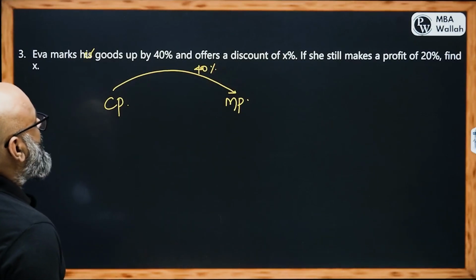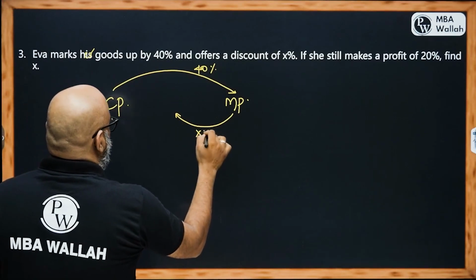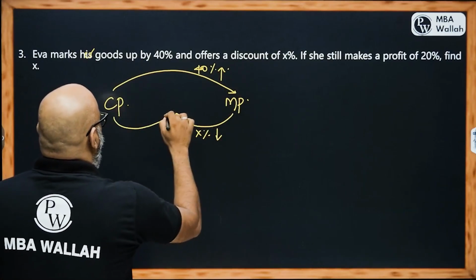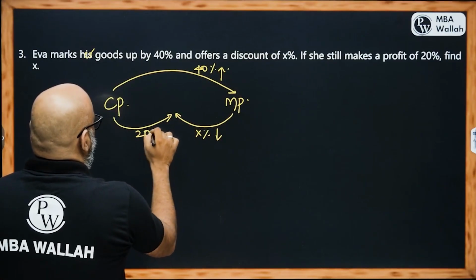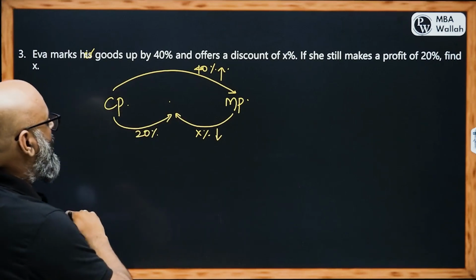And then she gives a discount of X%. From here, it goes to X percentage reduced and still makes a profit of 20%. The question is, what is X?